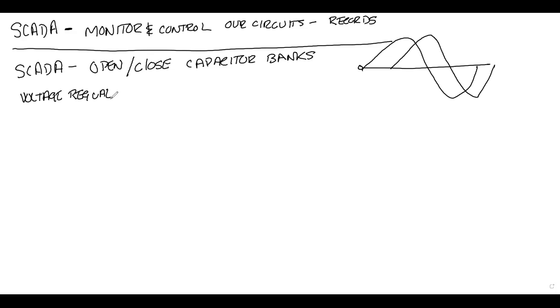The voltage regulator has measurements and it is monitoring two things: volts and amps. It's also watching what they call power factor, right? Power factor refers to my waveform in volts and amps.